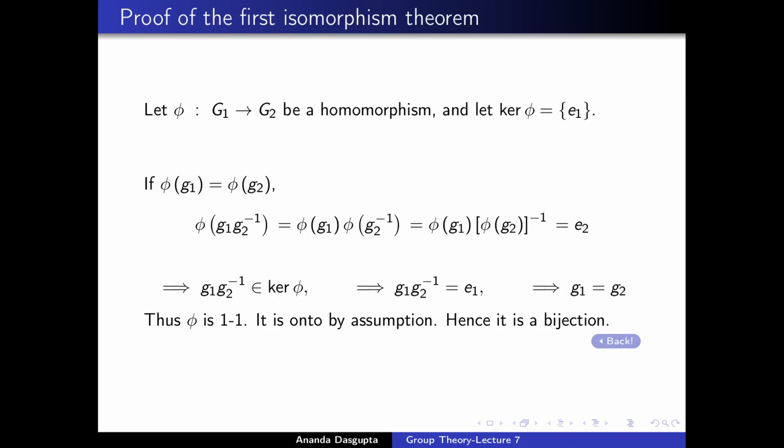That's one possible restatement. The other possible restatement would be, if phi from G1 to G2 is a homomorphism and the kernel of phi is a singleton set with only the identity element, then phi induces an isomorphism from G1 to the subset of G2 which is the image of G1 under phi.